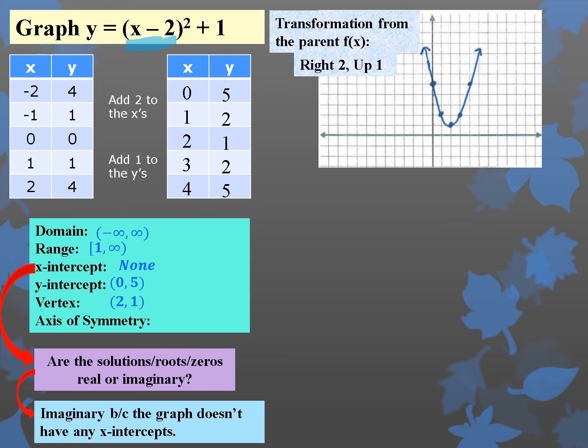Okay, so the axis of symmetry is x equals h. That's the formula for our axis of symmetry. X equals h. All right, so x equals h. Well, our h is 2. So that's going to be x equals 2.